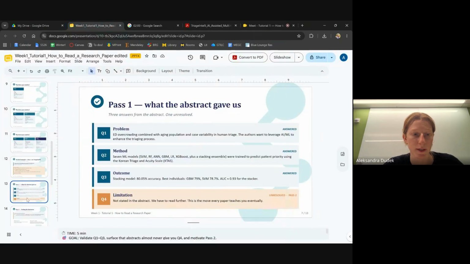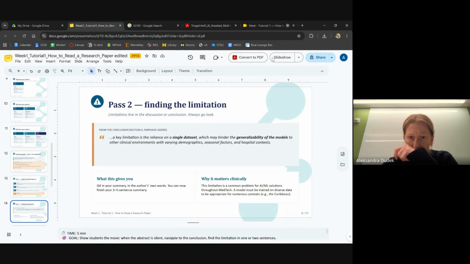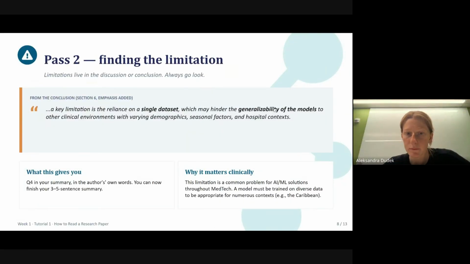Right, so as you just mentioned, we found the limitation, which is effectively the potential challenge of making the method generalizable. And so now we would be able to start writing our 3 to 5 sentence summary.